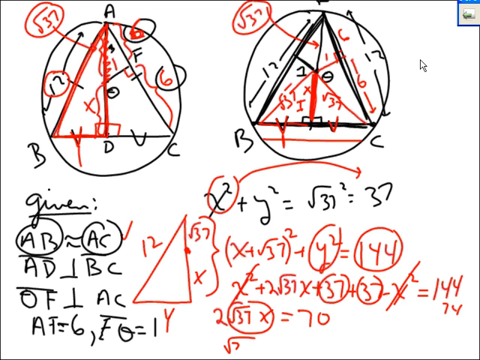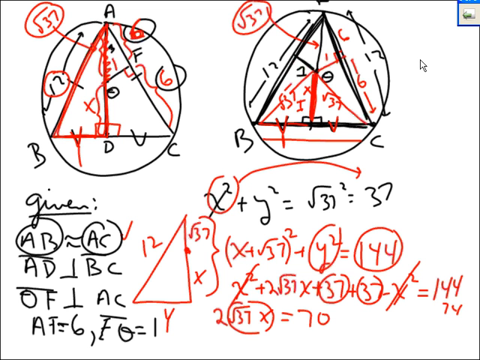The square root of 37 x is 35, which means that x is... actually, I don't want x, I want 2y, excuse me.